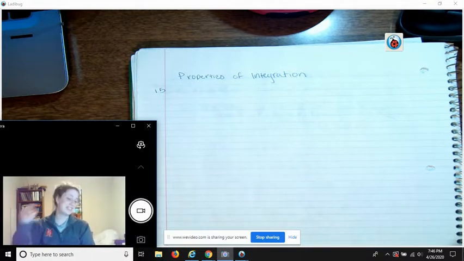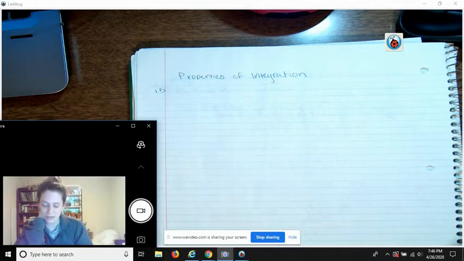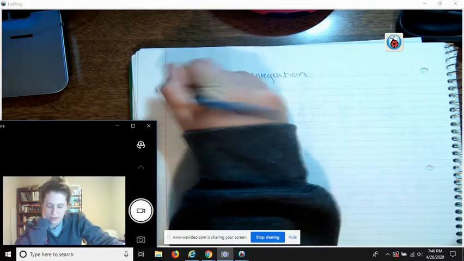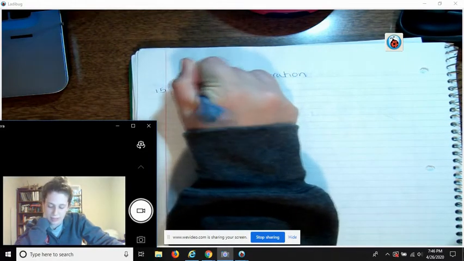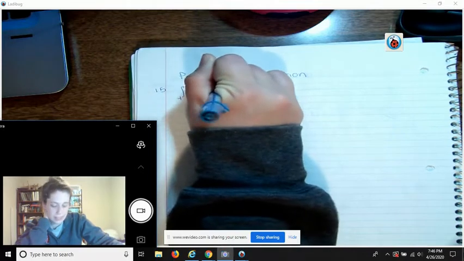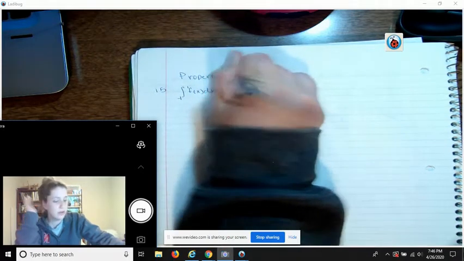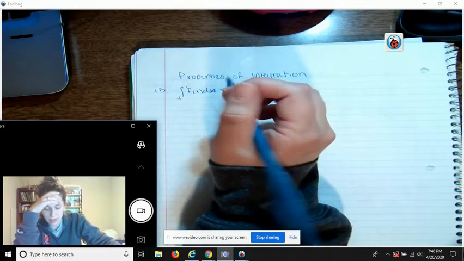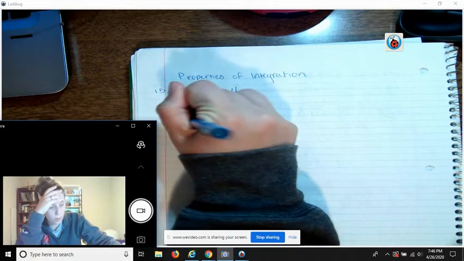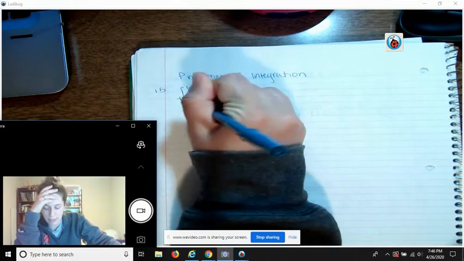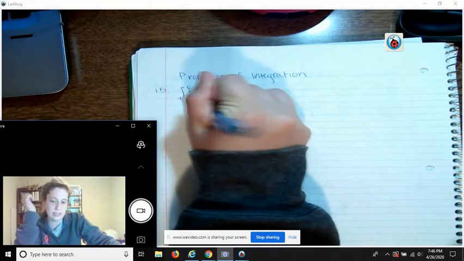Okay, so let's do 15 and 16. So 15 said, given that the integral from -1 to 1 of f of x dx is equal to -4, first it asks you to find the value of the integral from +1 to -1 of f of x dx.